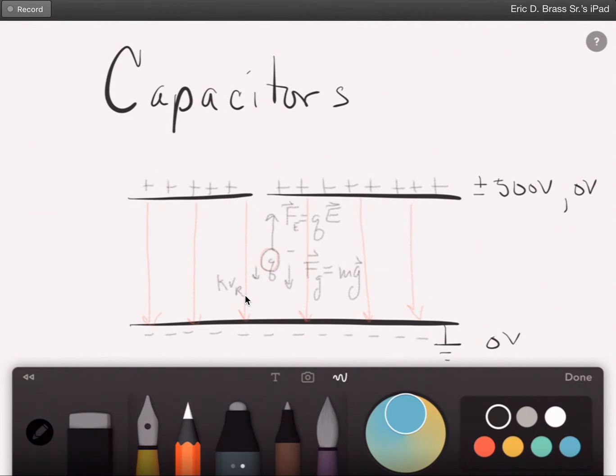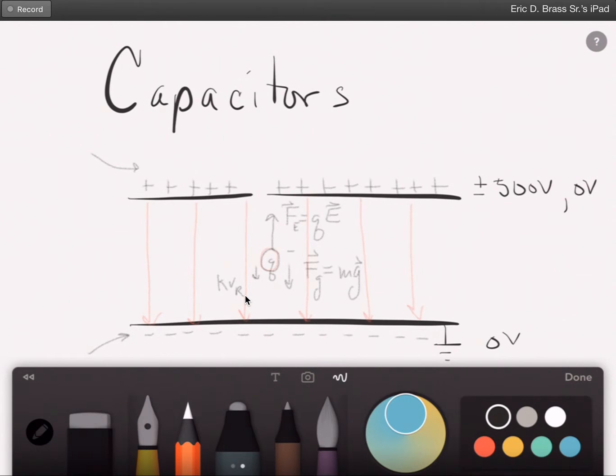So any two can work. In other words, we can have an absence of electrons at the top, or we can have an excess of electrons, or we can have both. Okay, so to create a capacitor, and that is just going to work without charges again moving inside of it, like the oil drop experiment.